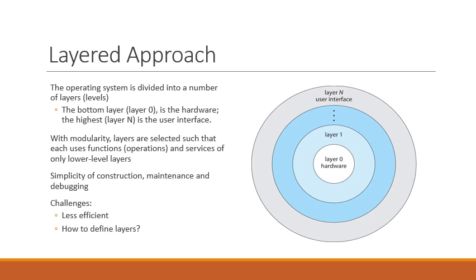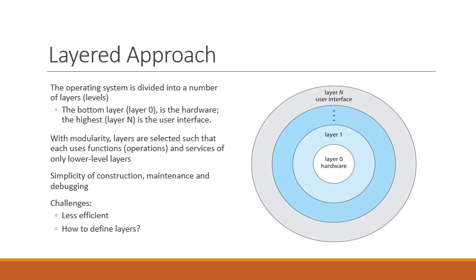For example, operating system developers can start defining the functions of layer 1 and consequently implementing these functions and services. As layer 1 will use only the layer 0 functions, so it is quite easier to implement the layer 1 by making use of the hardware functions.